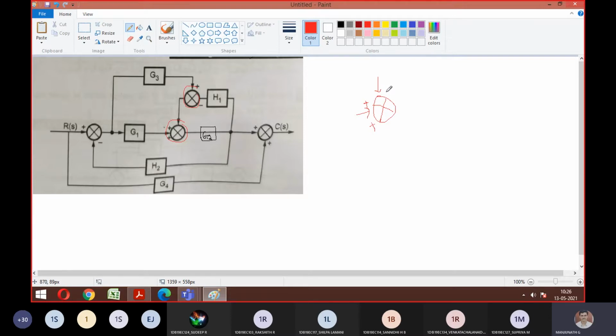Is it minus or plus according to the question? Look at the question and tell me. Minus. So minus should be given. I taught you signal A, signal B, similarly signal C, one more signal. If we split this, it looks like this only. Correct or wrong?